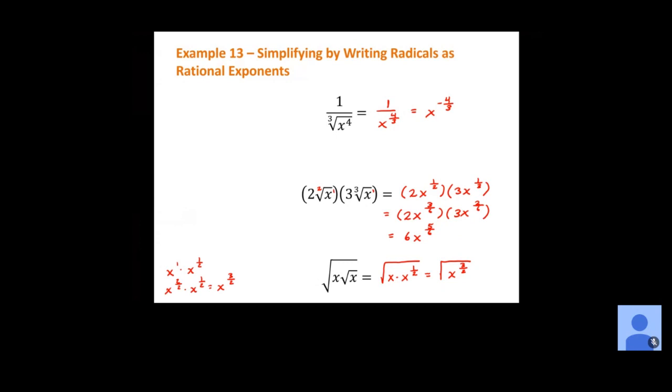So we have the big square root around the whole thing now. We can also change that to a fractional exponent. So what's that exponent going to be now? We're going to have x to the 3/2 inside, and then we're going to have it raised to the 1/2 power on the outside. Good.